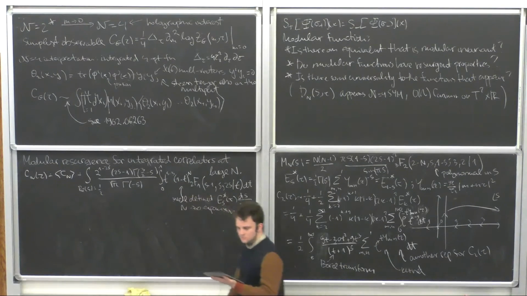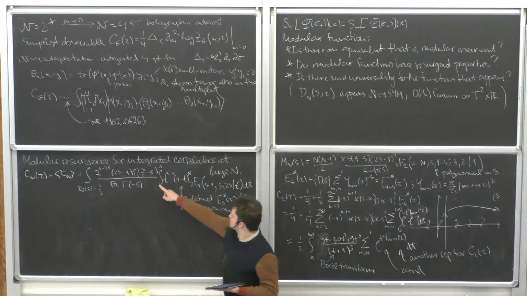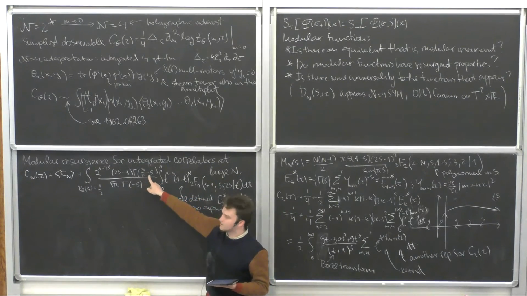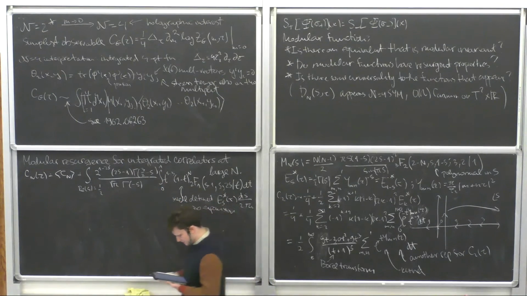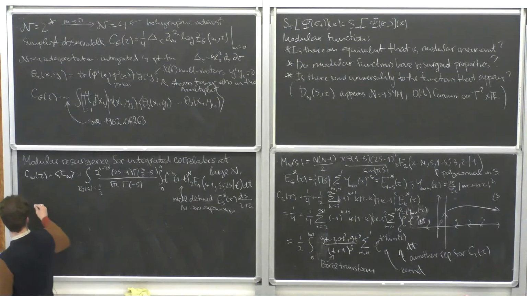And if you do the computation, what you now find is basically you get poles from this gamma 3/2 minus s. So you now have poles at half integral, Eisenstein series, and you find this object has the following expansion.